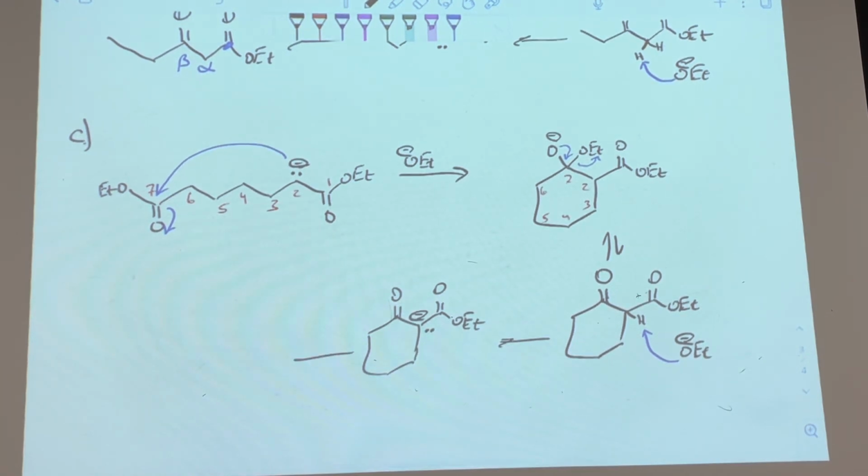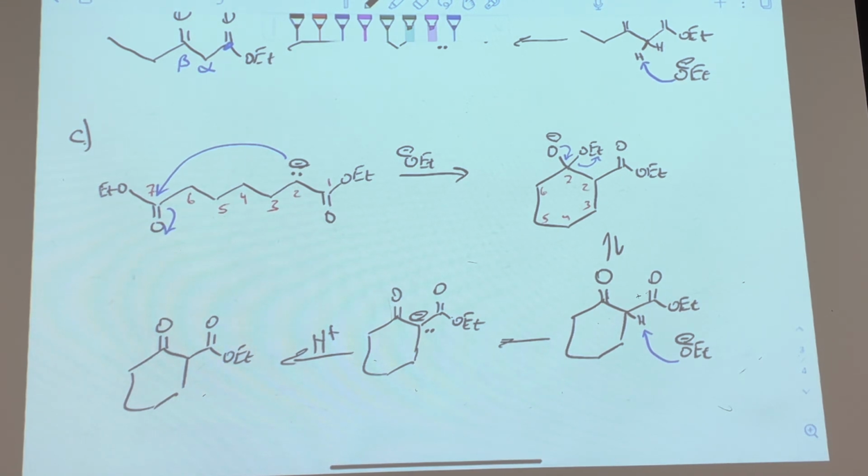And then just like before, you'll need an acidification step to give that as your final product. And again, if you count your carbons, you'll see that this is also a beta keto ester. Any questions on this one?